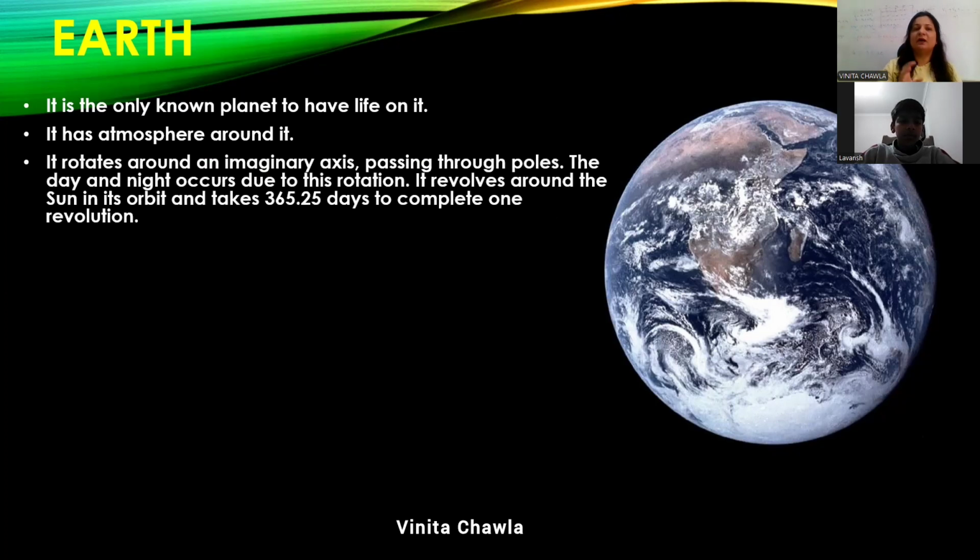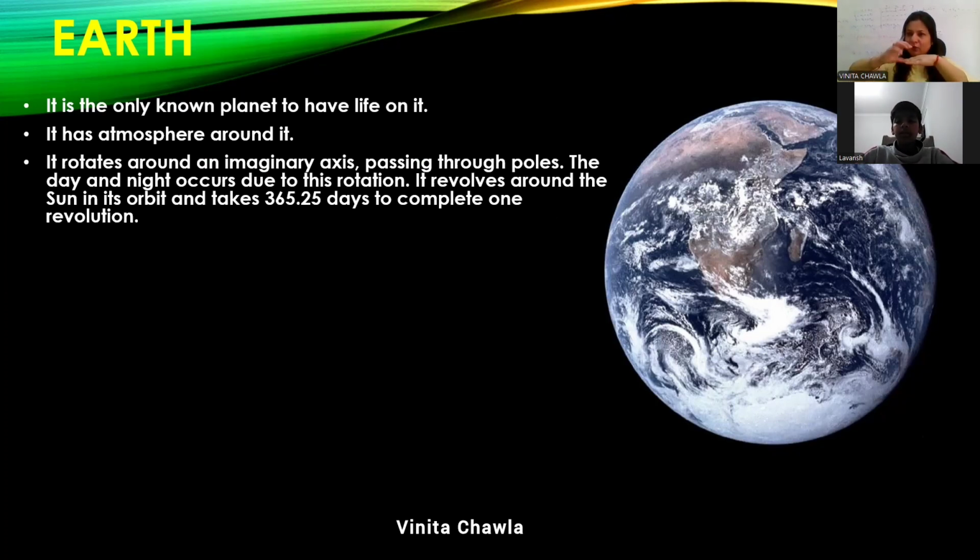And Earth rotates around an imaginary axis. Imaginary axis means an axis which does not actually exist. If we assume Earth as a ball, and there is a stick, if you pierce the stick into the ball through one end, then we can take it out from the other end, so it can be considered as an imaginary axis of the earth.